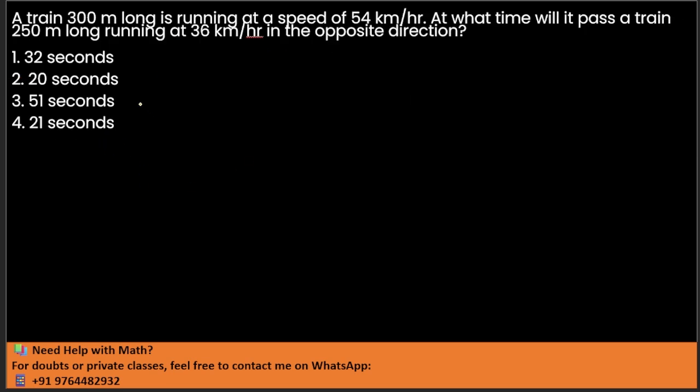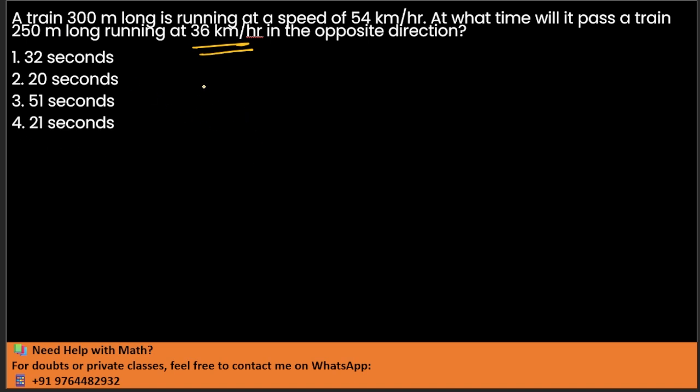So here we have a question that a train 300-meter long is running at a speed of 54 kilometer per hour. At what time will it pass a train 250-meter long running? Now this train is crossing another train, and we are given the speed of this train and the length of the train, and we need to find the time.